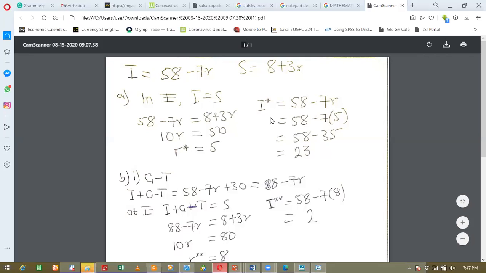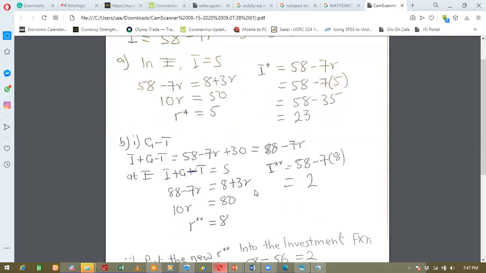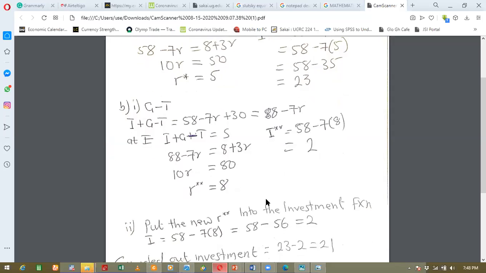Okay, good. And now the second part was there's an increase in government bond financed government deficit by 30. So we should find the new equilibrium interest rate and the new investment. Right.